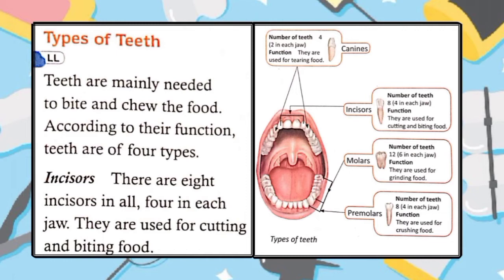Incisors are located in the front part of your mouth, as you can see. You have 4 of them in your upper jaw and 4 in your lower jaw. The shape of incisors is like a small chisel and they have sharp edges that help you bite into food. Whenever you sink your teeth into something such as an apple, you use your incisors.